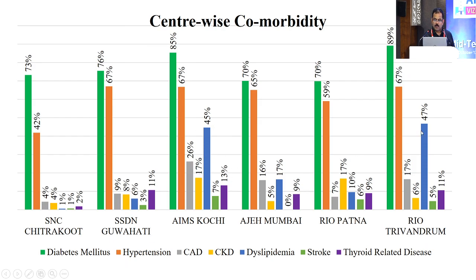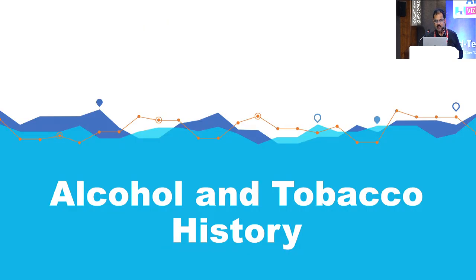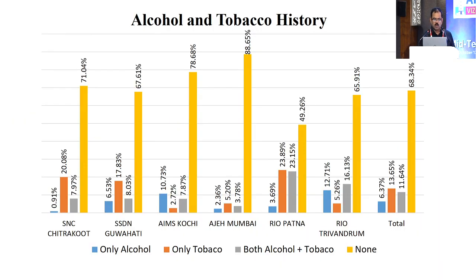In Kerala, the other place is RIO, which is a government center, which also has significant hypertriglyceridemia. So you can see that comorbidities are very significantly affected by where you reside. Alcohol and tobacco history also, you can see that there are large number of people who have both.